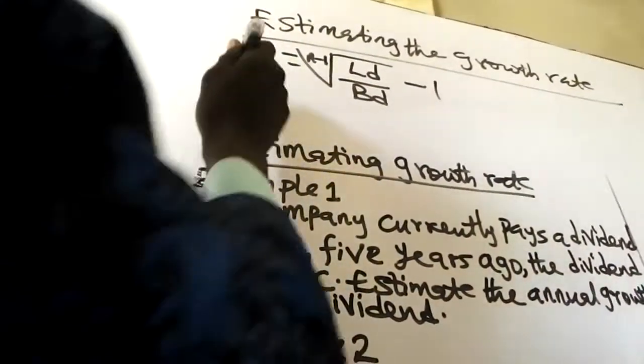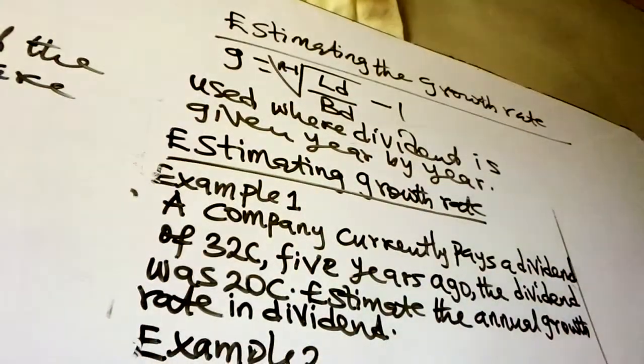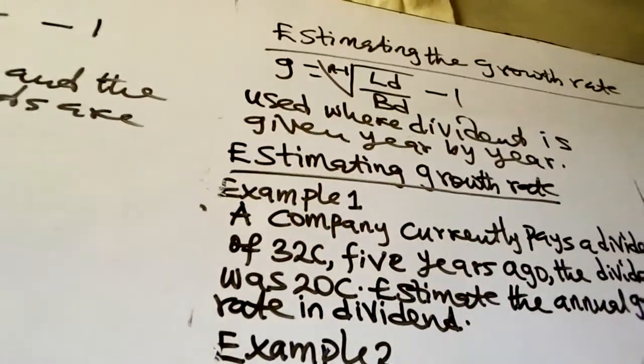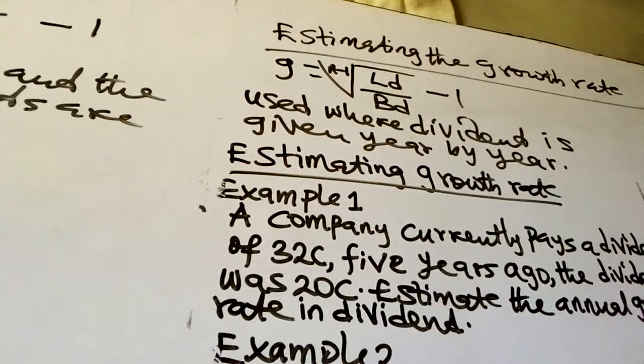This formula is used where dividend is given year by year. Where dividend is given year by year, then you use the second formula.